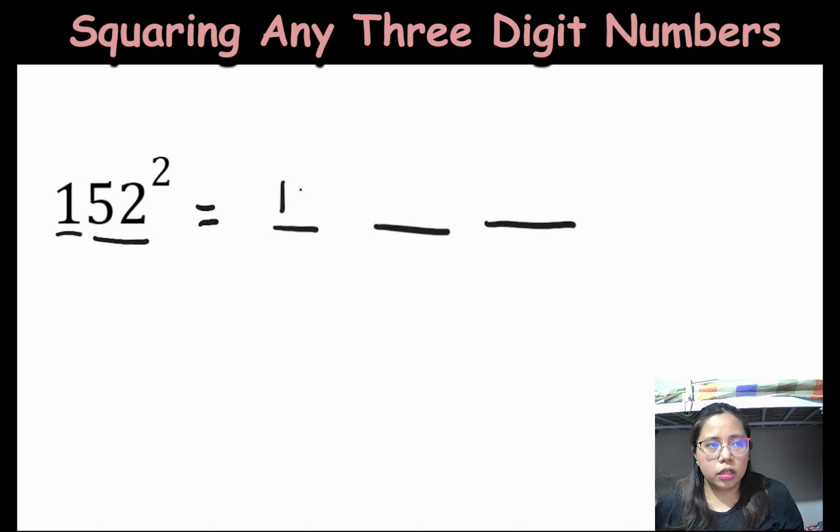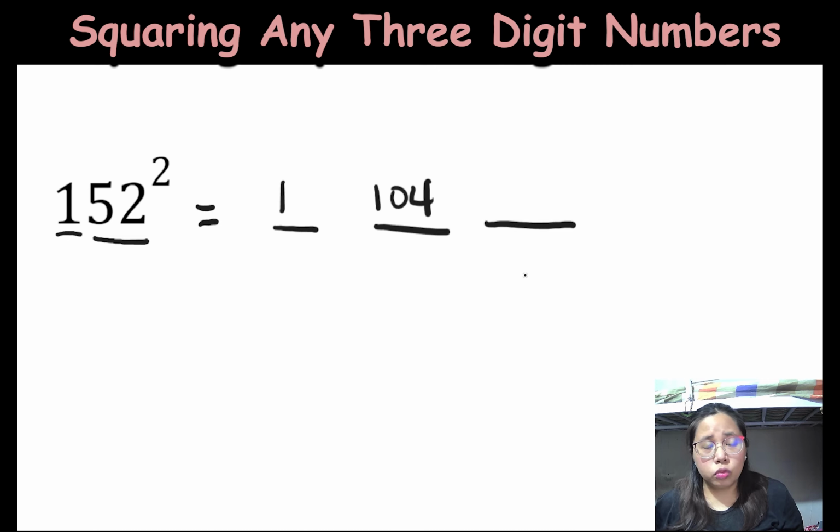That is 1. And then, dito naman sa pangalawang linya natin, multiply natin ulit yung first and second part at a constant, which is 2. So, 1 times 52 is 52 times 2. That is 104. And then, dito sa last line naman, kunin natin yung square ng ating second part.